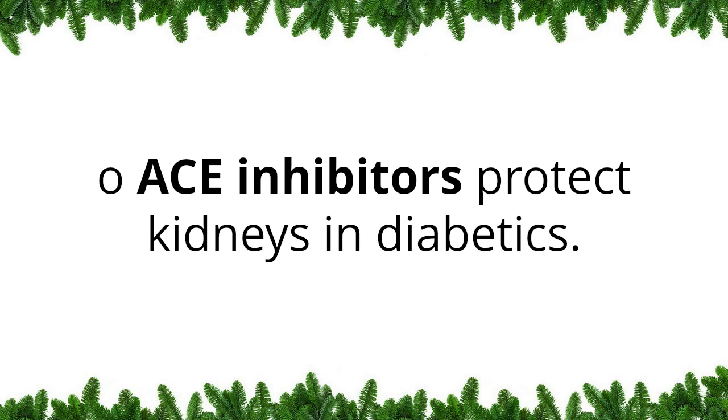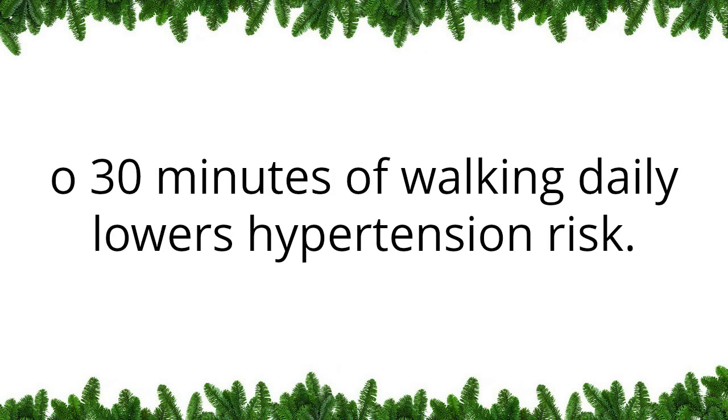Okay, these drugs protect kidneys in diabetic patients. ACE inhibitors protect kidneys in diabetic patients. But otherwise, other ways of preventing common geriatric conditions affecting the heart: if the client is able to walk, encourage them to have 30 minutes of walking daily.